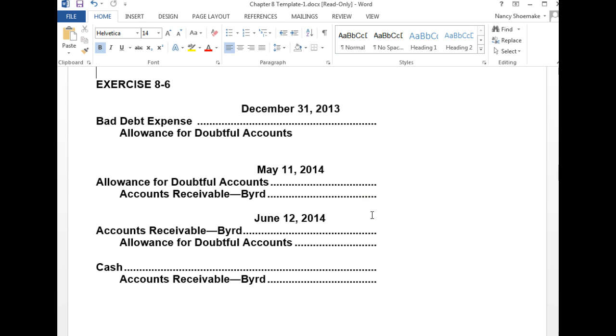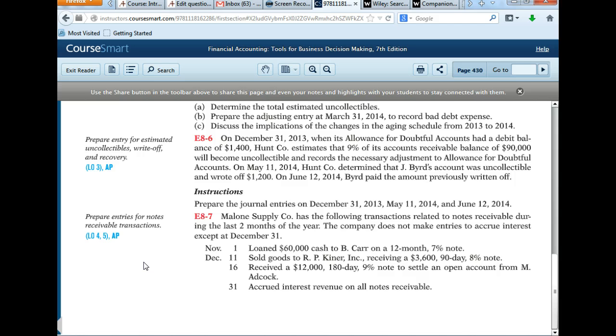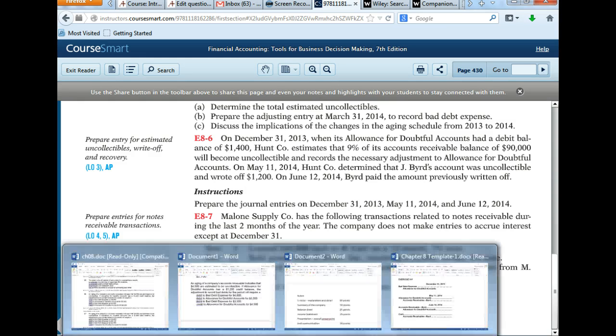What was the current balance? The allowance for doubtful accounts had what kind of balance? Debit or credit? Debit balance. Doesn't that go back to the example we showed on the board previously? If the debit balance is at $1,400, then look at this, guys.